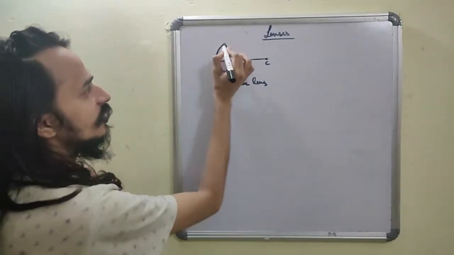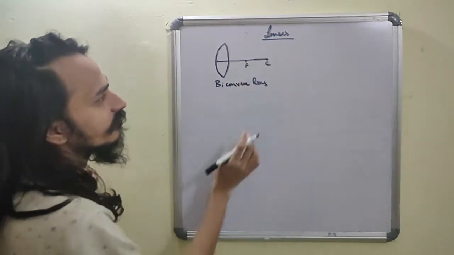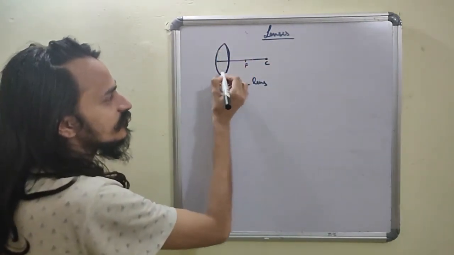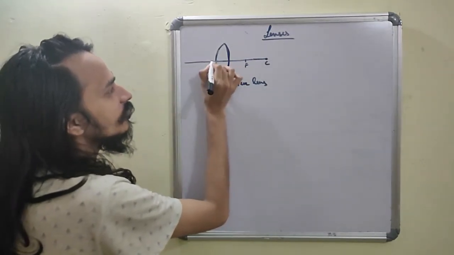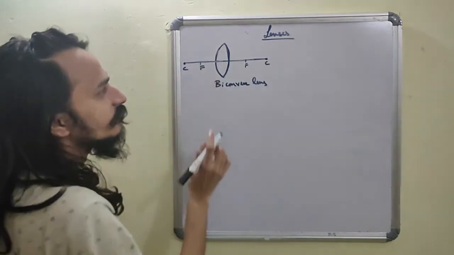Now, if you notice, for this first one, I drew this line, I wrote F and C. Even for the second surface, it will also have the same F and C, right? It will also have a focus.